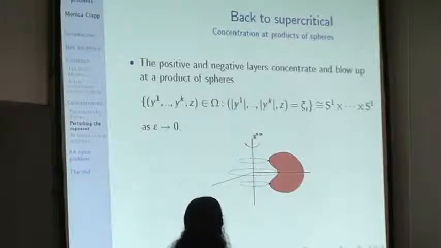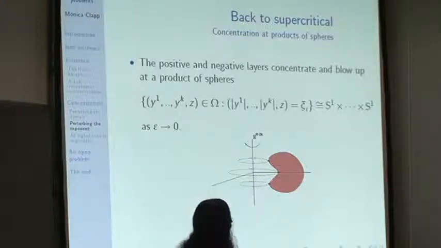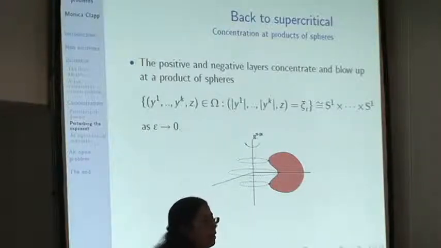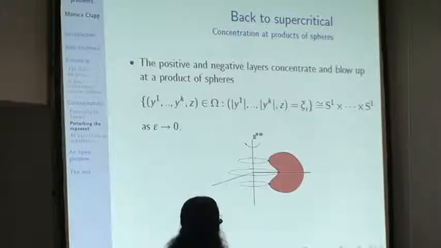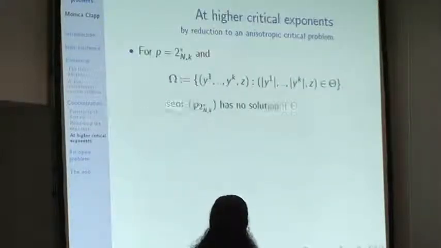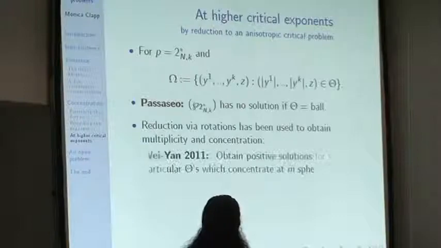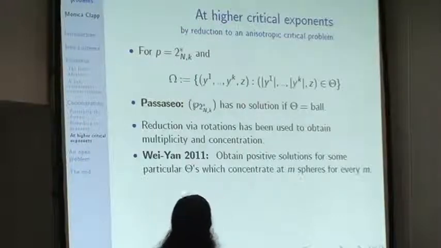The domains of Wei and Yang are obtained by rotating something like this, which has this type of concavity here. But they do it in dimension 5 because they want the set of global minima to contain a circle. And if it contains a circle, then they can use the finite dimensional reduction using as parameter the number of peaks in order to obtain infinitely many solutions. So this is the idea of this result of Wei and Yang.